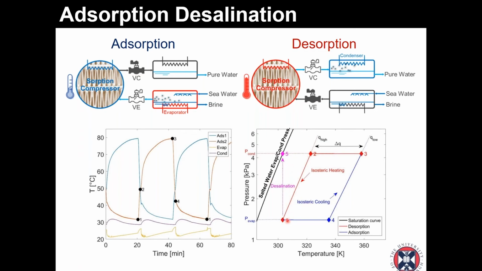Another concept we should keep in mind is that in adsorption desalination, we tend to work with the evaporator temperature and the condenser temperature as close as possible. So the delta T between these two vessels is ideally 1C, 5C, 10C, but we tend to have them at the same temperature.